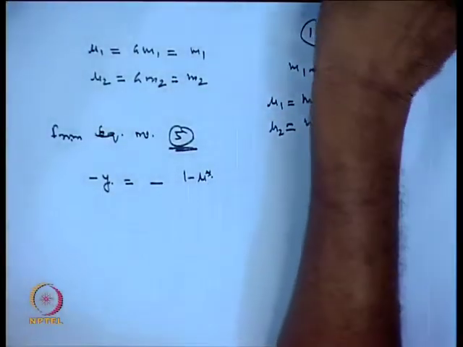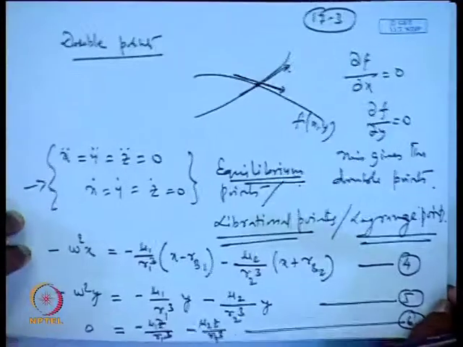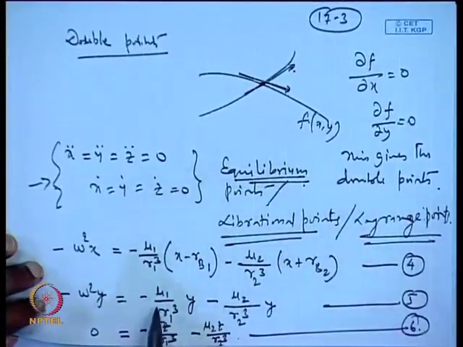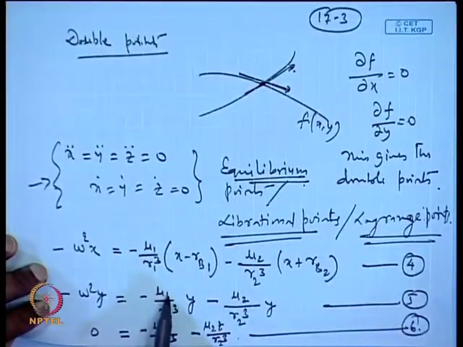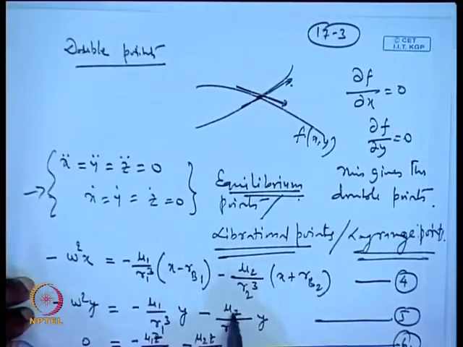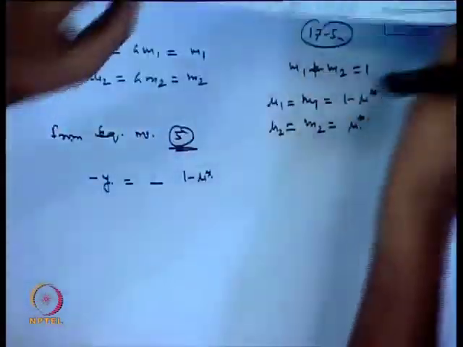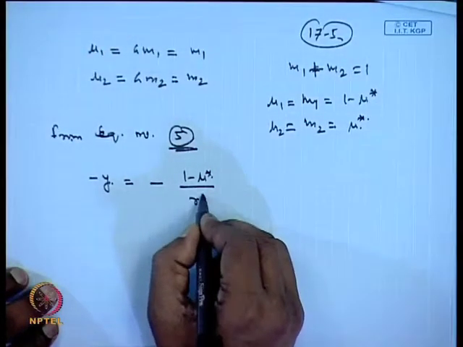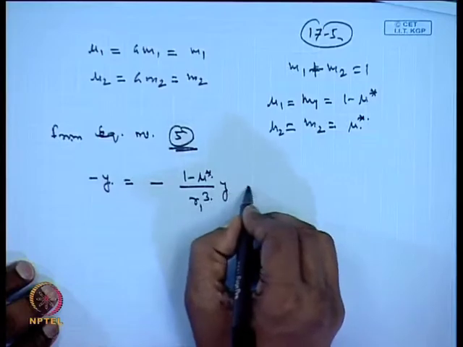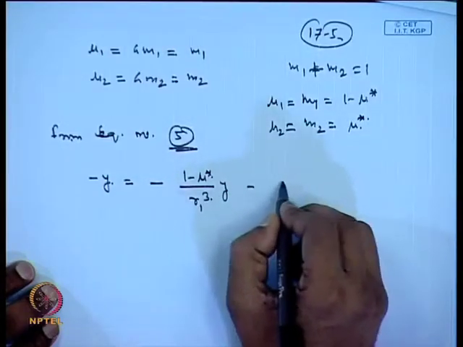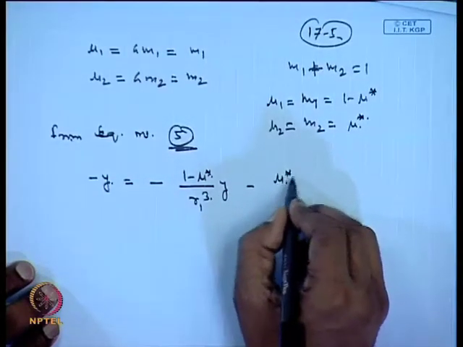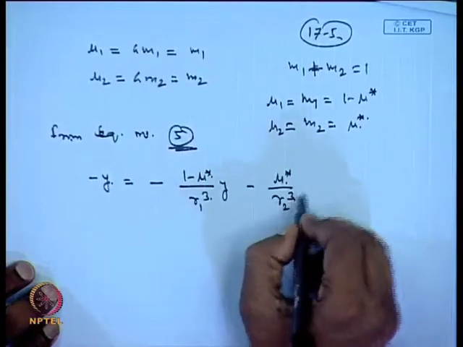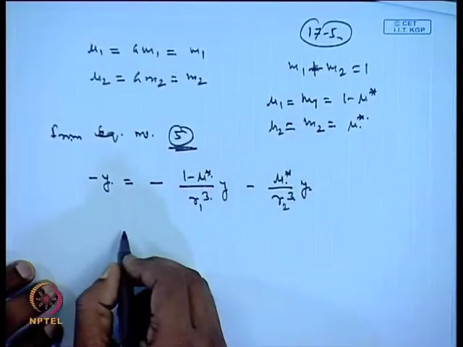You can have a look at this equation again. We are replacing mu 1 with 1 minus mu star, and similarly mu 2 is mu star. So, this will be replaced by 1 minus mu star divided by r 1 cube times y minus mu star by r 2 cube times y.